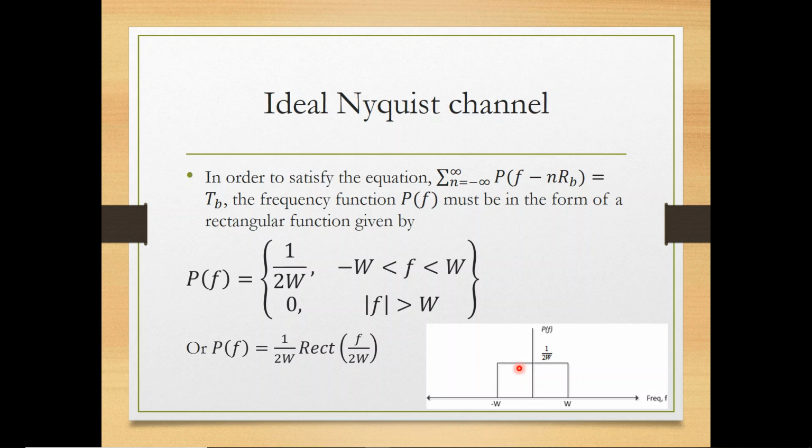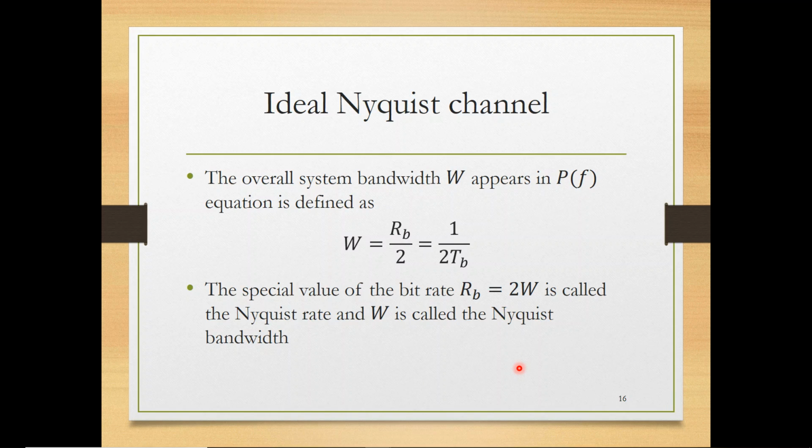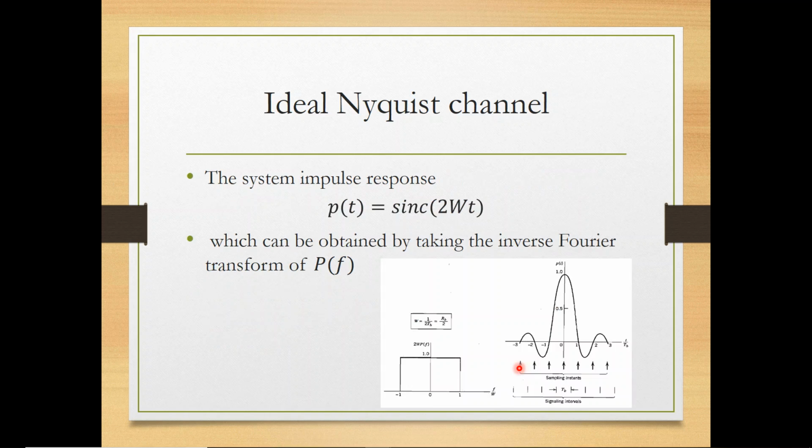This is the criterion. If you follow this one, you will not get any intersymbol interference unless your channel H of T introduces this. So this is the sinc I was talking about that you get when you go to the time domain. So if you have this in the frequency domain, you get this in time domain.